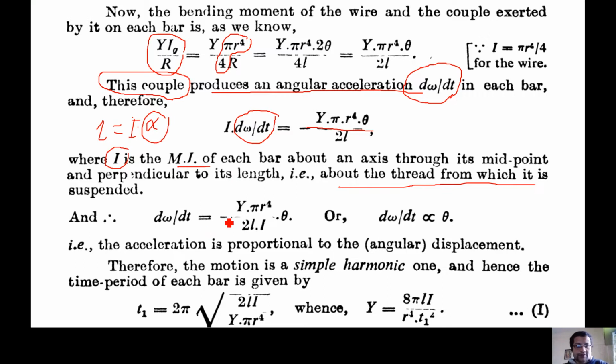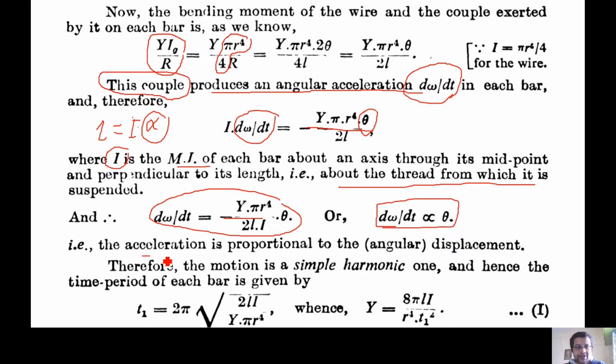So this d omega by dt you calculated in terms of Young's modulus, and this rate at which the angular velocity changes, which we call angular acceleration, is proportional to theta, how much angle is subtended at the center. So the more the angle subtended by that arc at its center, the more the acceleration.